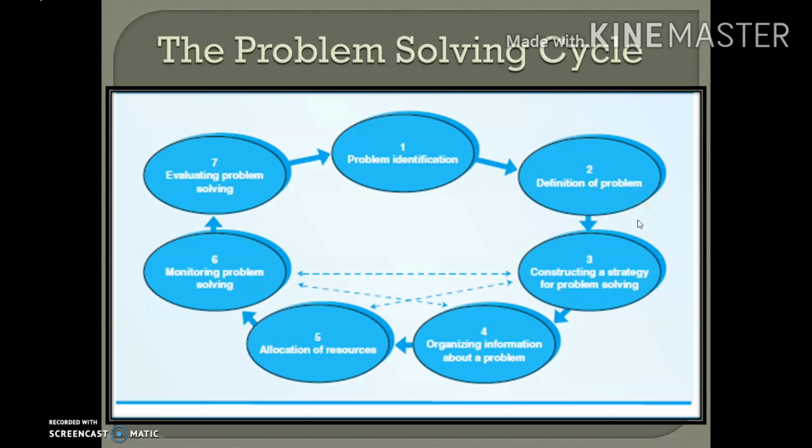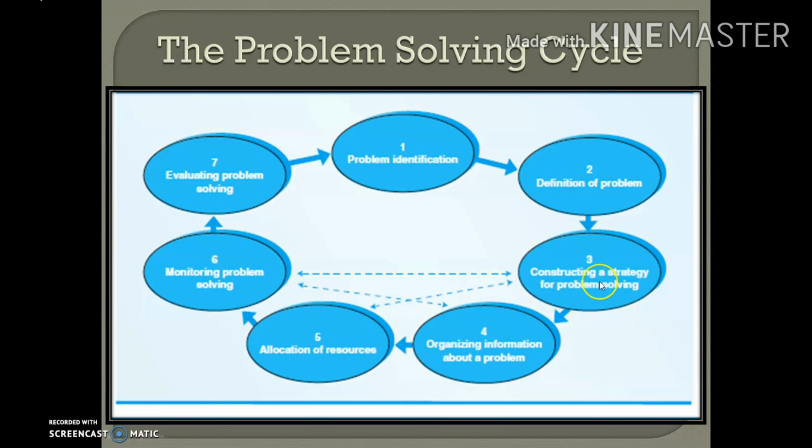Second, definition of problem. So that is exactly my problem. I don't have a laptop. That is specified. But in problem identification, I know that I have a problem, that it exists through the lack of a laptop, lack of resources to use.